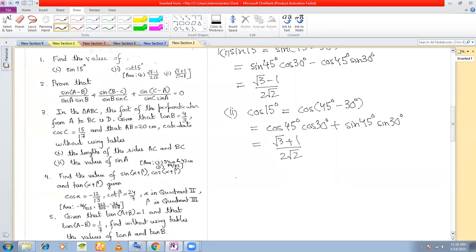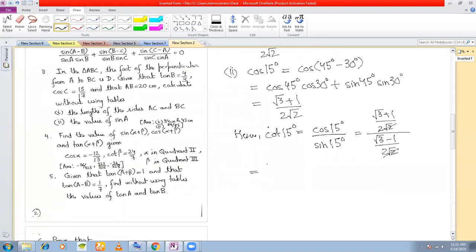Fine. So hence cot 15 is equal to cos 15 by sine 15. Cos 15 is root 3 plus 1 by 2 root 2. And sine 15 we have found as root 3 minus 1 by 2 root 2.